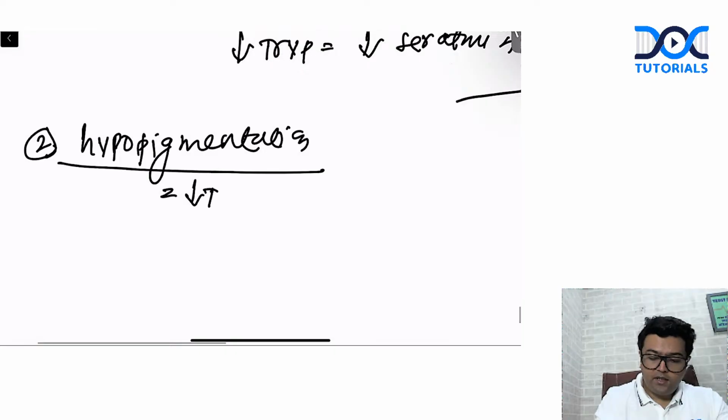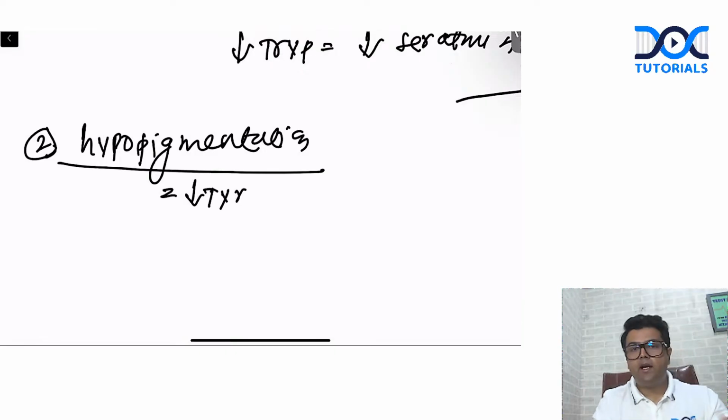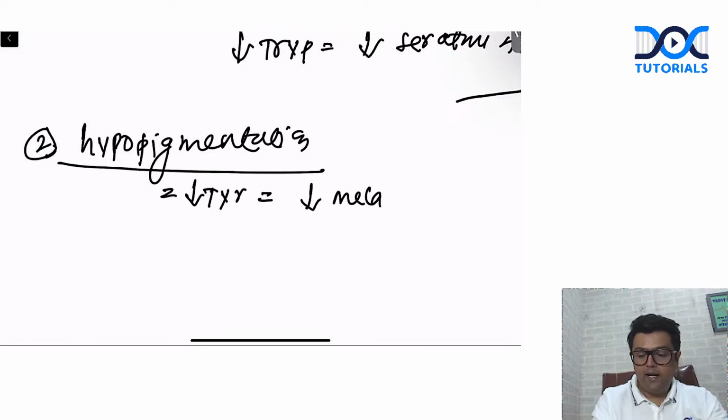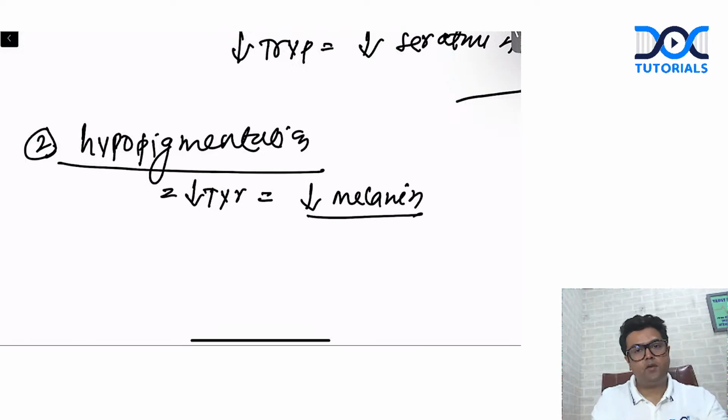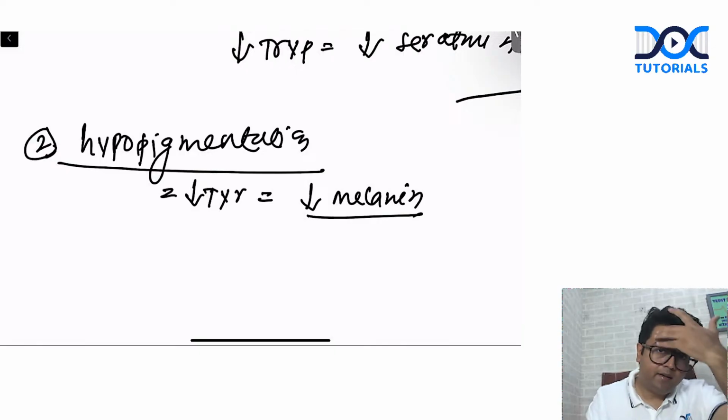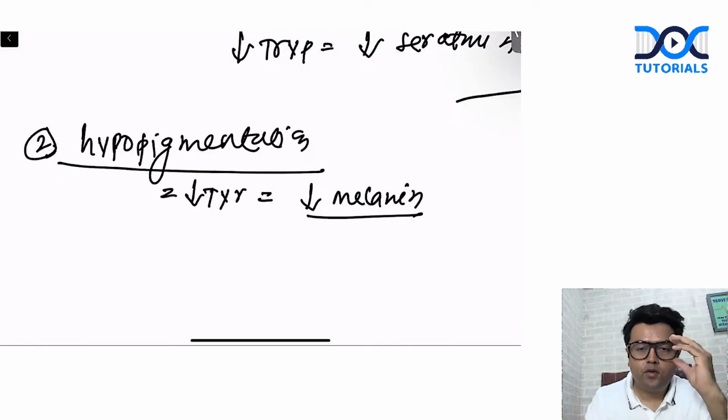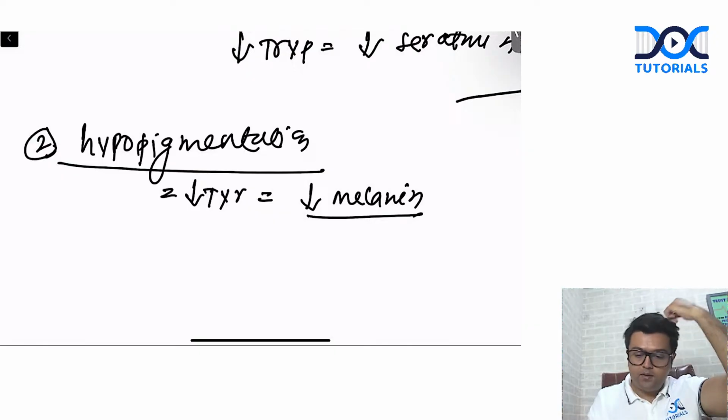Guys, because there is a decrease in tyrosine now. Phenylalanine is not converted into tyrosine. So obviously tyrosine levels are low. So if it is low, there is decreased melanin formation. That is the reason, guys, we should remember the products of amino acids. So that is hypopigmentation.